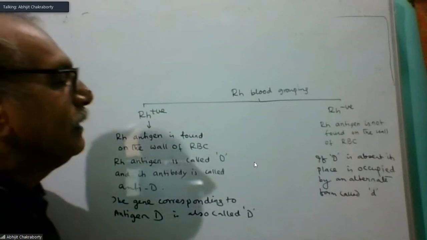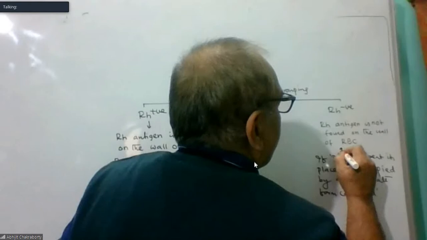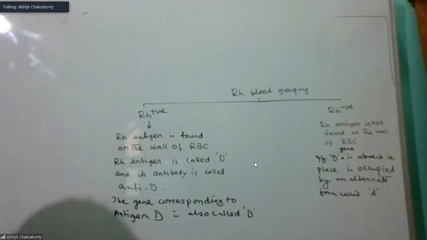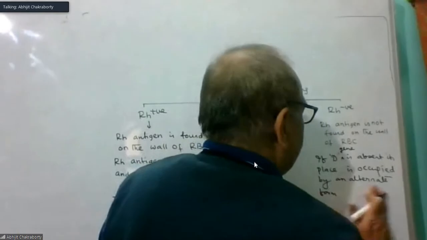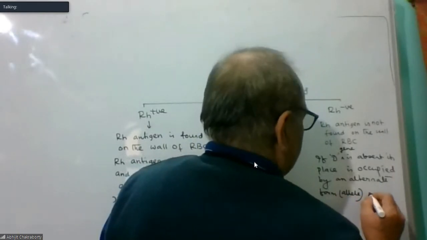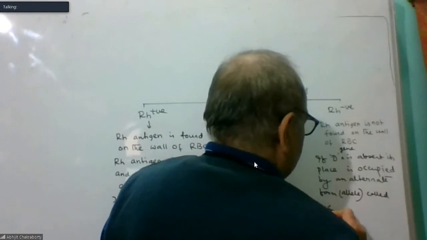If the D gene is absent, its place is occupied by the alternative form. Alternative form means an allele called small d.